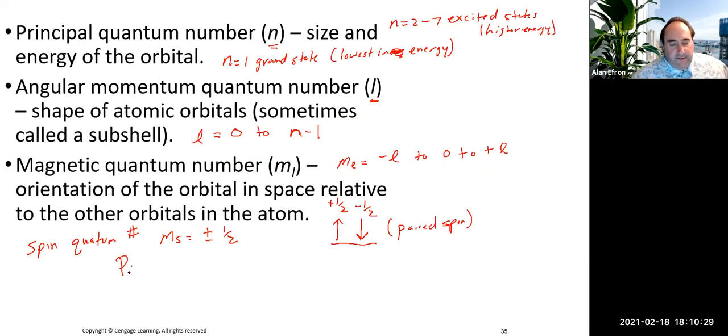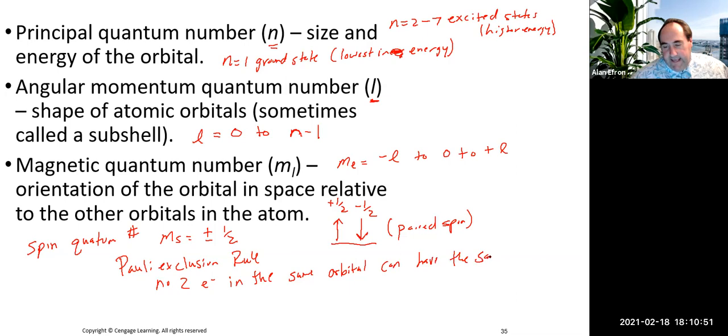So Pauli's exclusion rule basically says that no two electrons in the same orbital can have the same 4 quantum numbers.